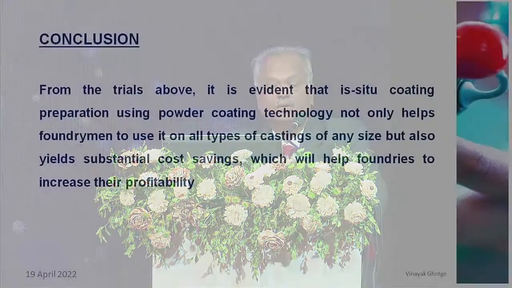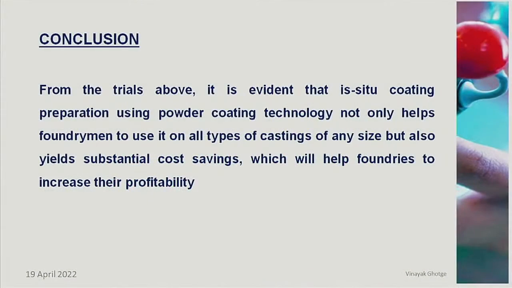So to conclude, from the trials what I have shown above, it is evident that the in-situ coating preparation using powder coating technology not only helps foundrymen to use it on all types of castings of any size, it yields substantial cost savings as well, which will help the foundrymen to increase their profitability.